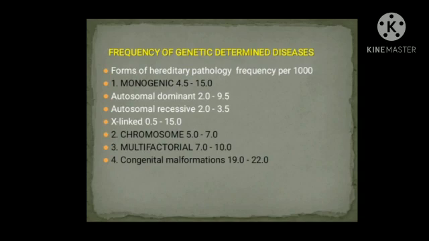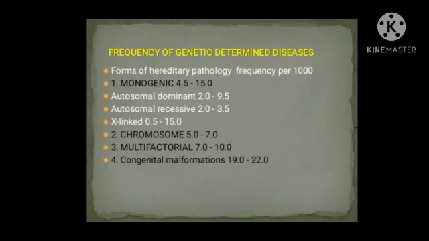Chromosomal disease can be met in 5, 6, 7 persons for every 1,000 newborns. Multifactorial, it is 7 to 10 for every 1,000 persons.